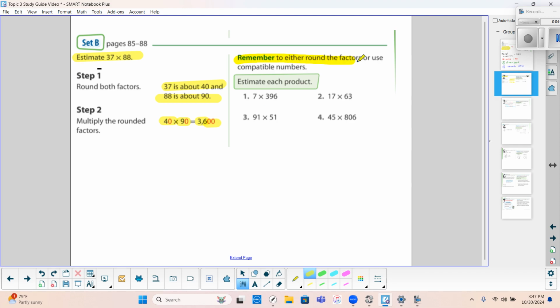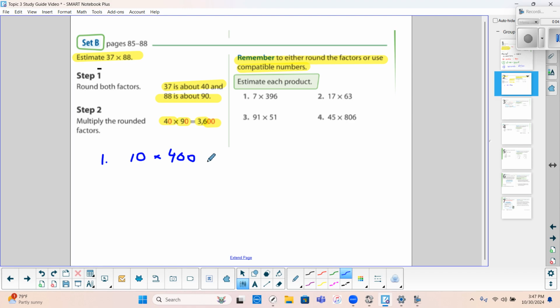So remember to round each of the factors or use compatible numbers. Compatible numbers are easy numbers to work with. The good thing about compatible numbers is you're not necessarily rounding, you're just finding easy numbers to work with. So for number one, I would say 7 is close to 10. And I would say that 396 is close to 400.